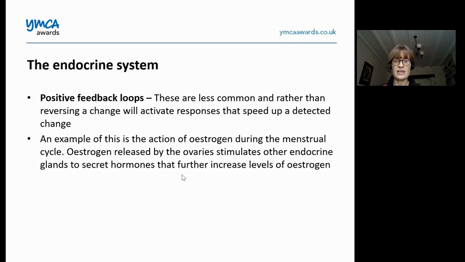The main example of this is the action of estrogen during the female menstrual cycle. The ovaries release estrogen, and other endocrine glands detect that estrogen is released. They secrete hormones that have the ultimate effect of further increasing estrogen levels. So this is an example of a positive feedback loop.